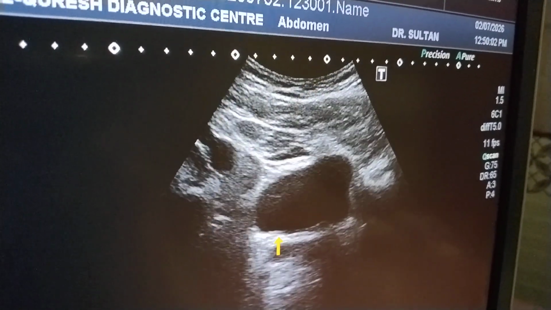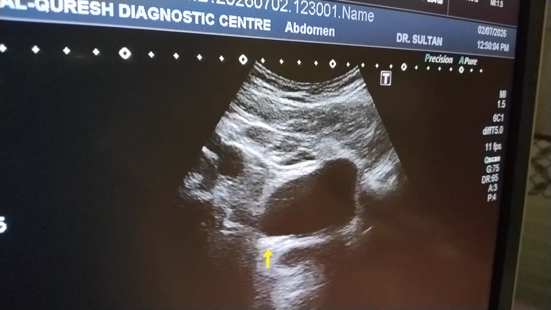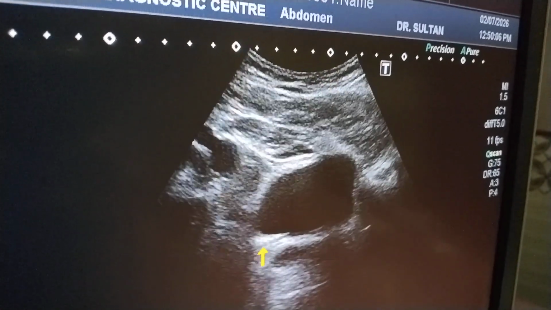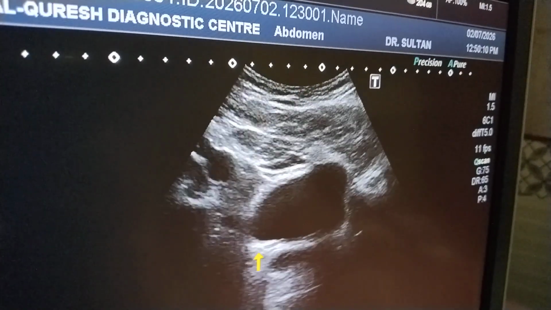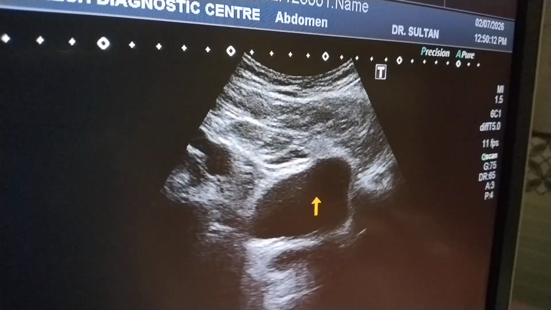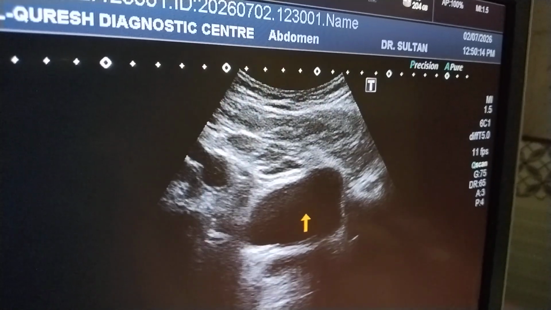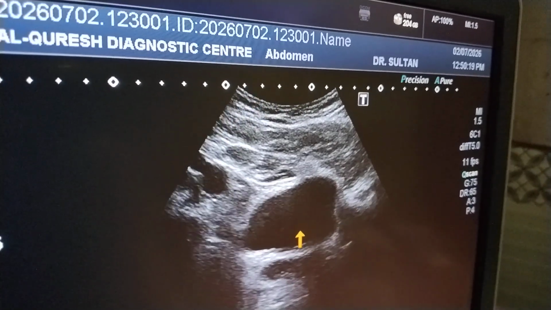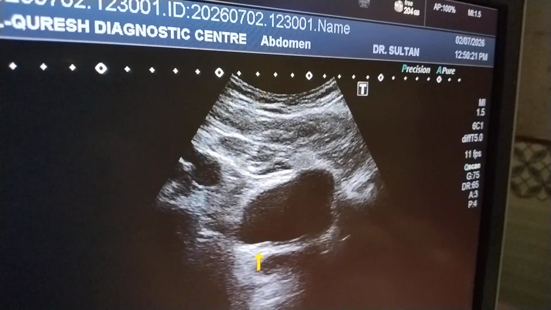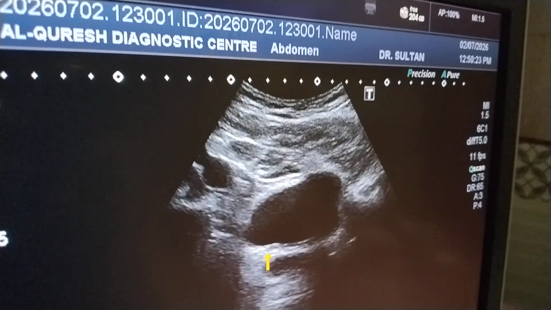So why three layers? Because here it needs strong peristalsis, strong contraction, because there is a high pressure when the bladder is filled. So there is a high pressure from the bladder to the ureter in this portion.